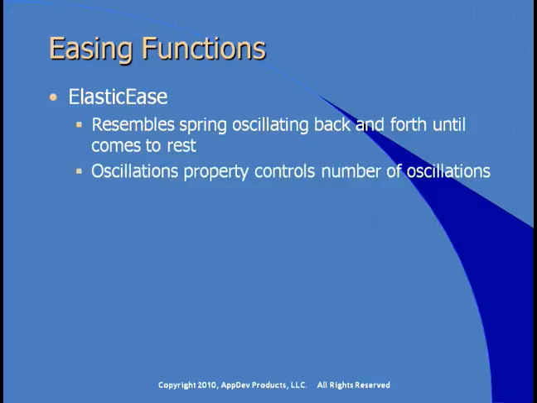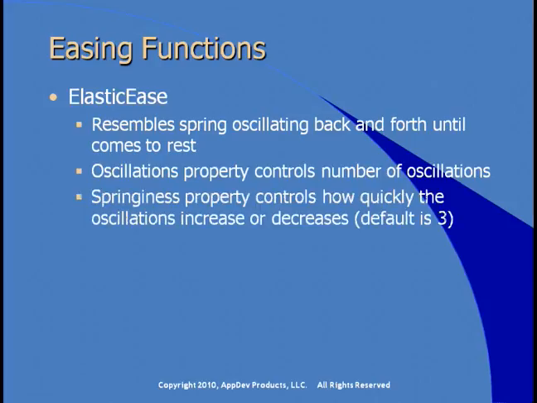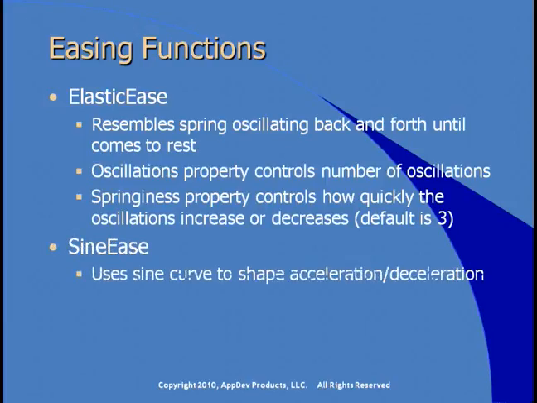The oscillations property controls the number of oscillations, and the springiness property controls how quickly the oscillations increase or decrease, and the default is 3. You'd have to play with that some. There's a sine ease function, which uses a sine curve to shape the acceleration or deceleration.